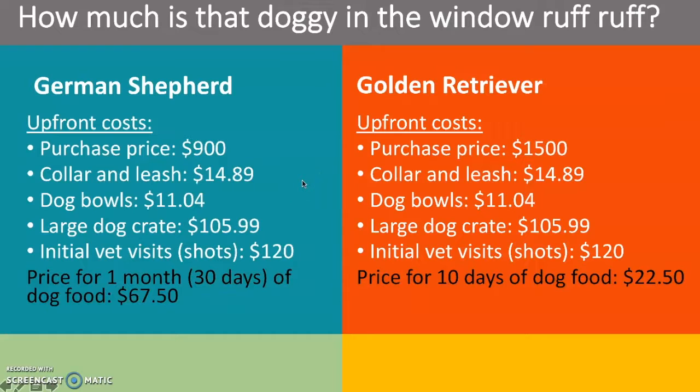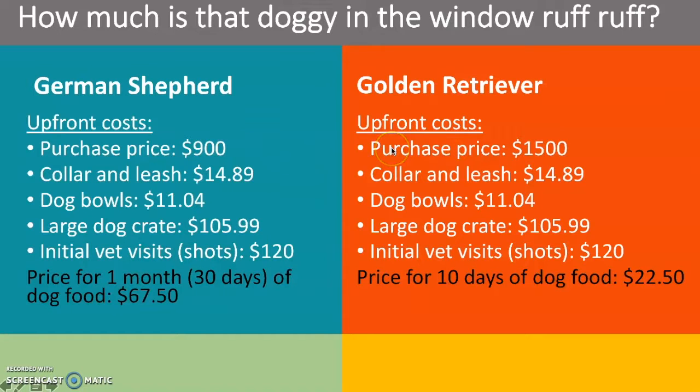Now, I would tell them that we're not going to be considering every single thing that you'd have to pay for the dog, but I just chose some different things that most people would be purchasing for their dog. And in the white writing is the upfront costs, and then in the black writing is what you would pay per month. So we have things like the purchase price of the German Shepherd and the purchase price of the Golden Retriever.